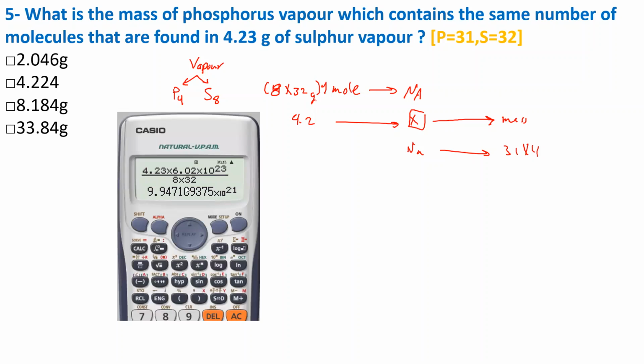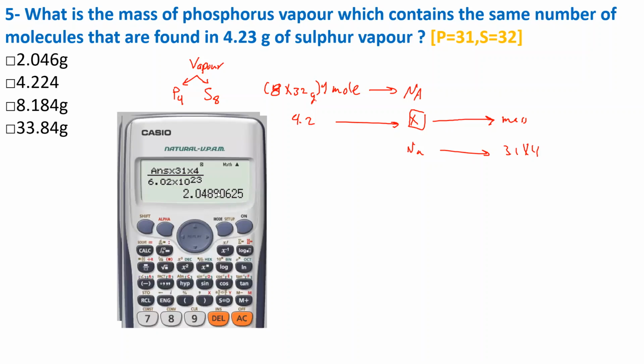So the first cross multiplication is Avogadro's number by 4.23 divided by 8 by 32. And the second, by finding this answer, by 4 times 31 divided by Avogadro's number, we reduce the mass. So the answer is A.